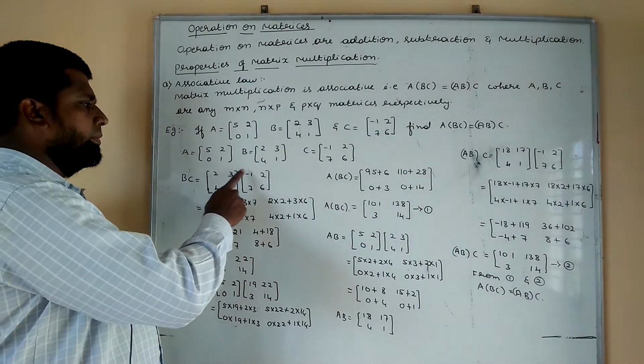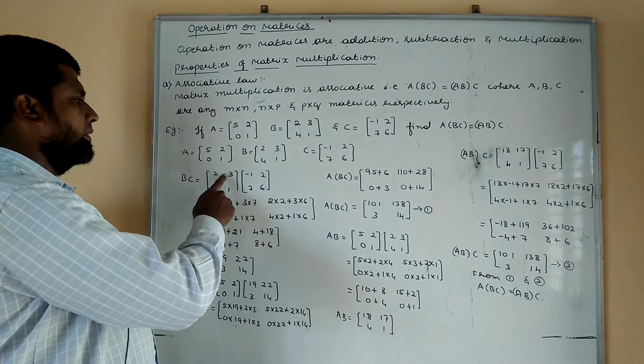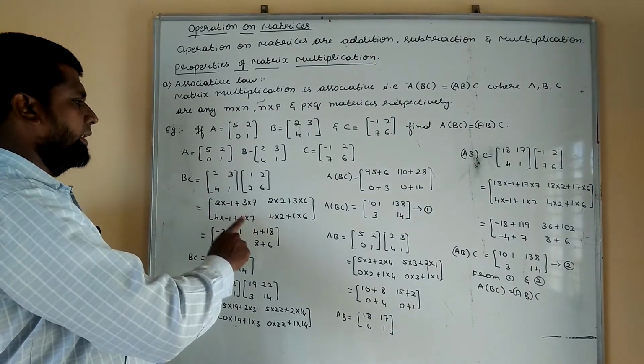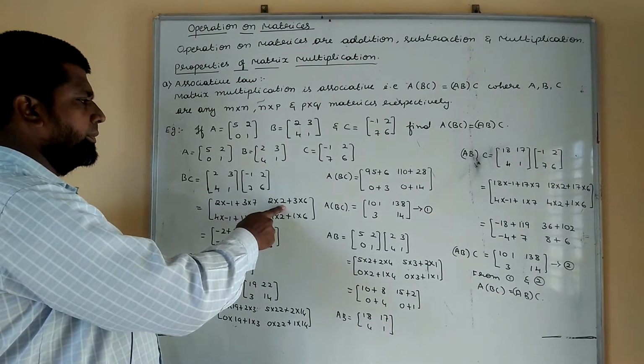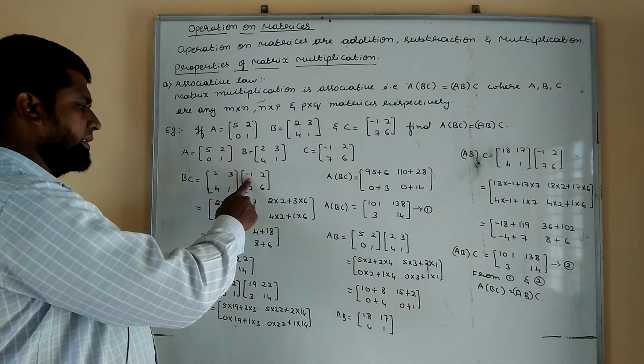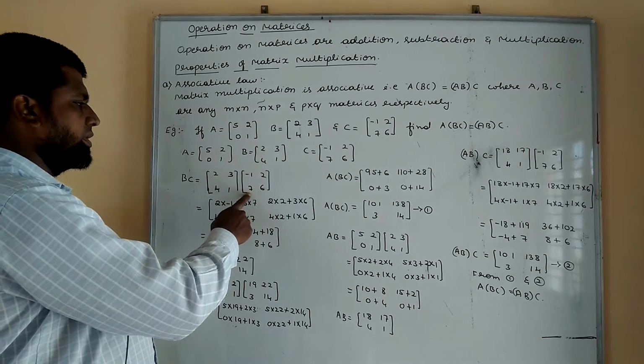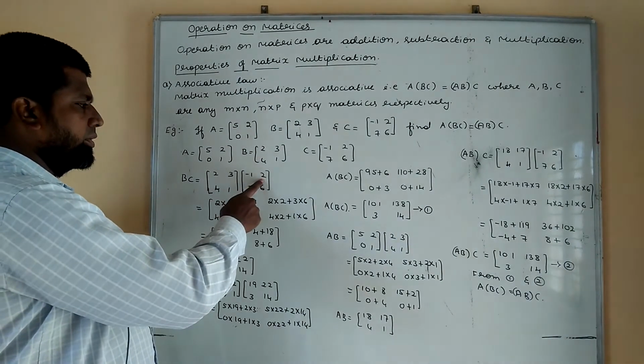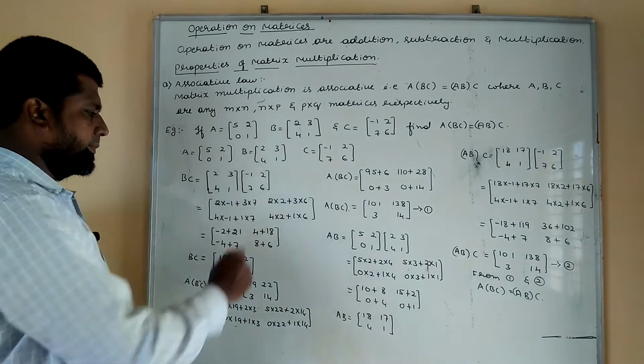So 2 into minus 1, 3 into 7, 2 into 2, 3 into 6, 4 into minus 1, 1 into 7, 4 into 2, 1 into 6.